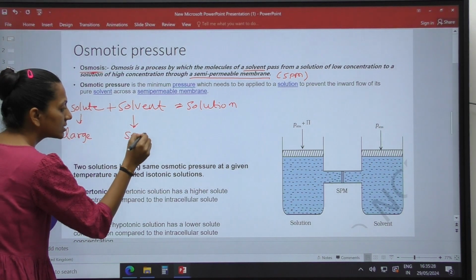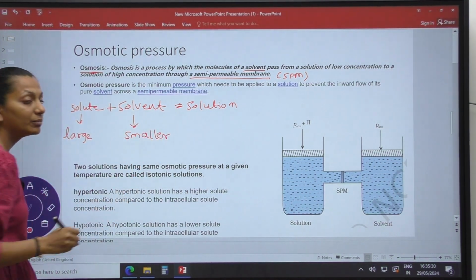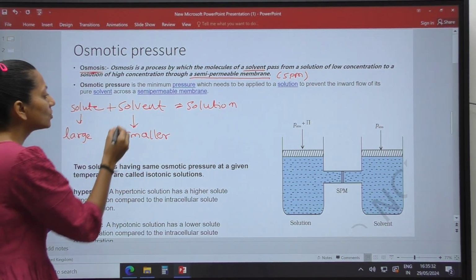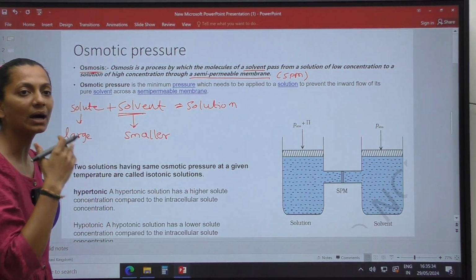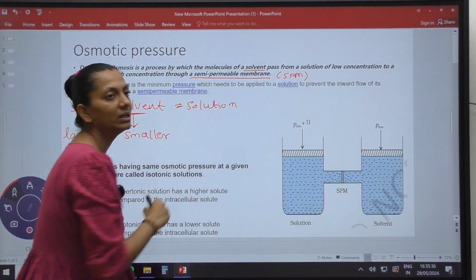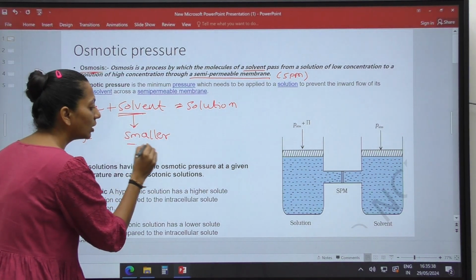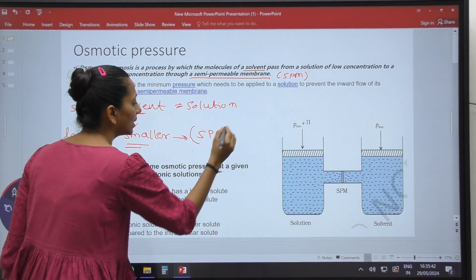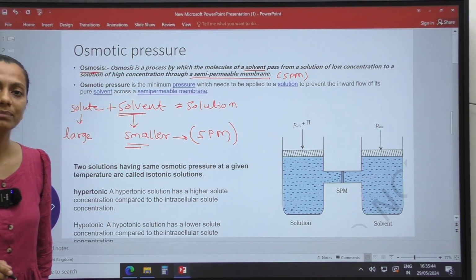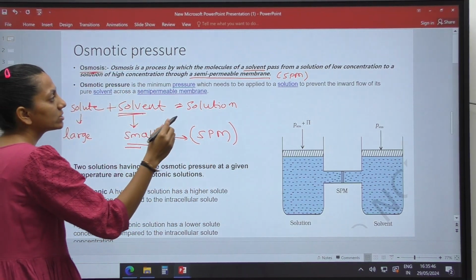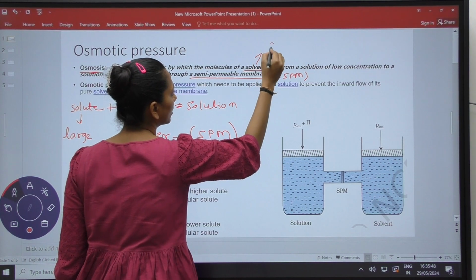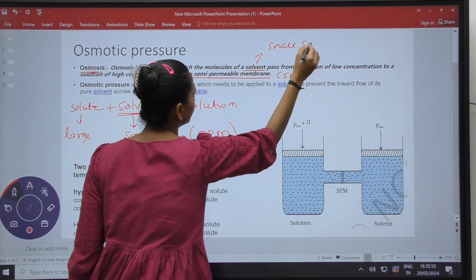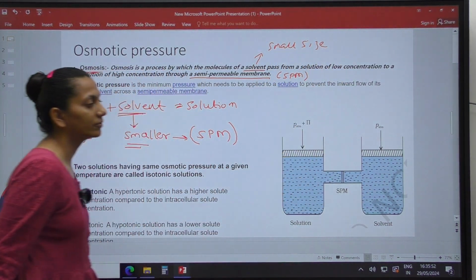Solvent molecules are smaller in size, so they can easily pass through the semi-permeable membrane. That is why only solvent molecules get passed, because of their small size.